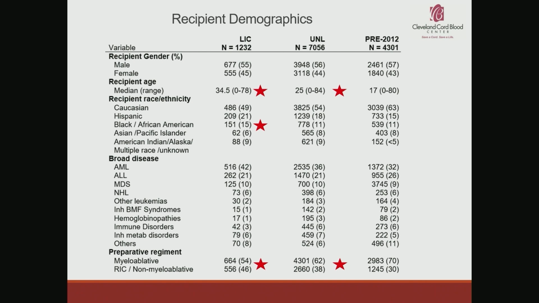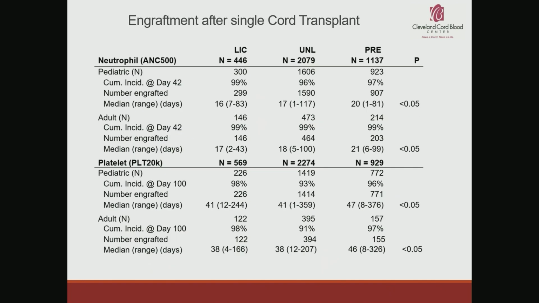And at the bottom there, a higher percentage of recipients received reduced intensity or non-myeloablative conditioning, different from pre-2012. Here I'll show you some outcomes about engraftment and also overall survival.